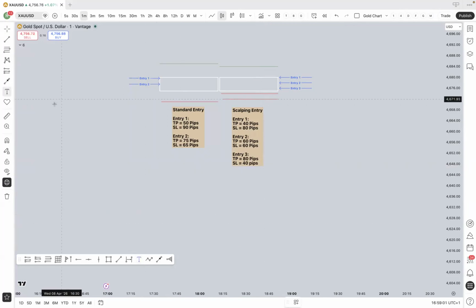Okay, so we're going to come over here and we are going to start with fixed £1 per pip, same lots per entry. Okay.